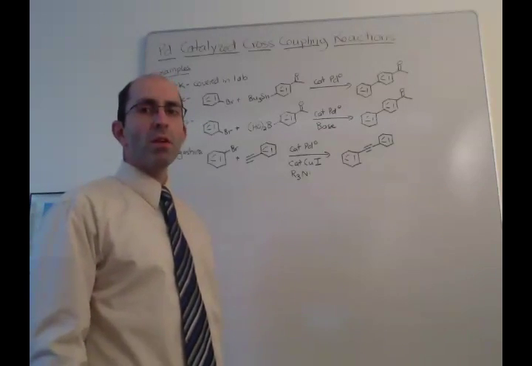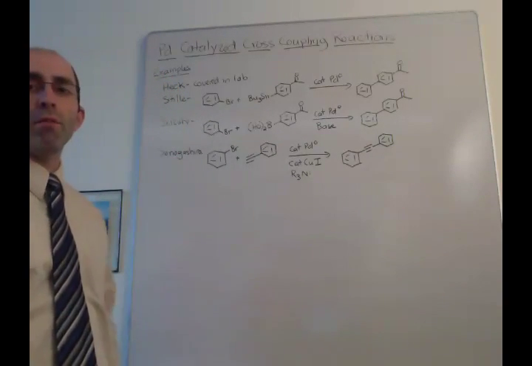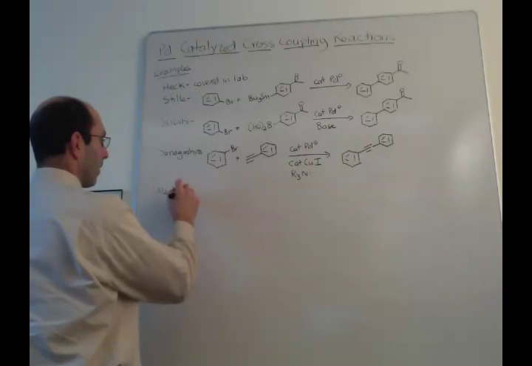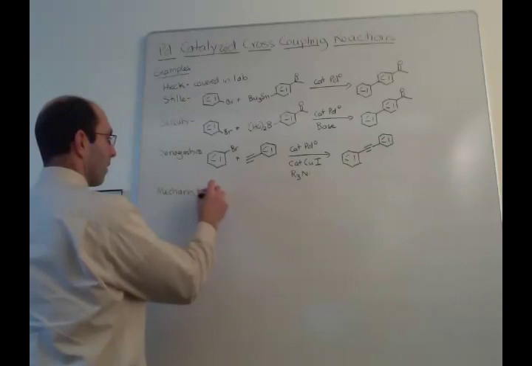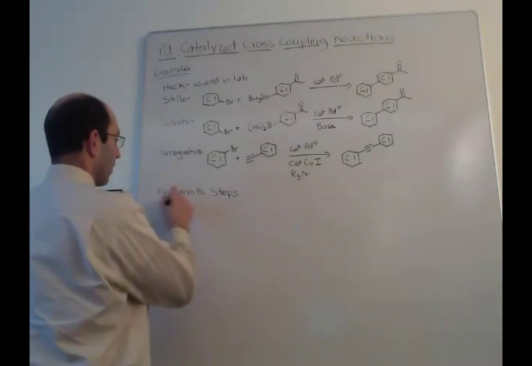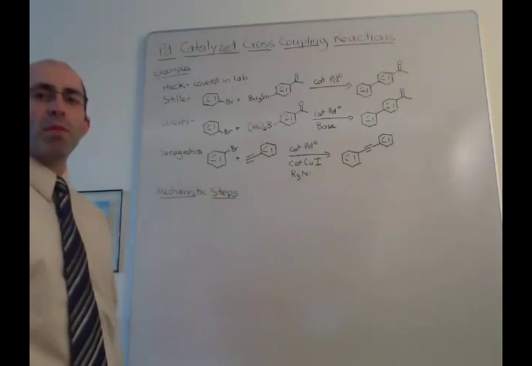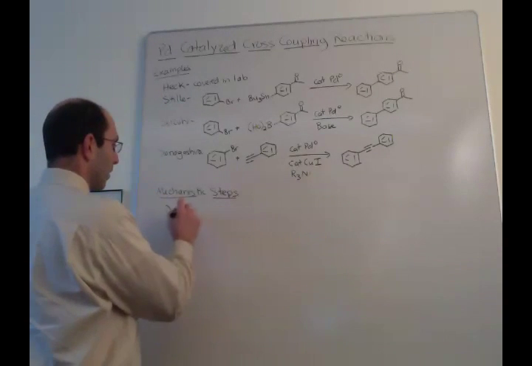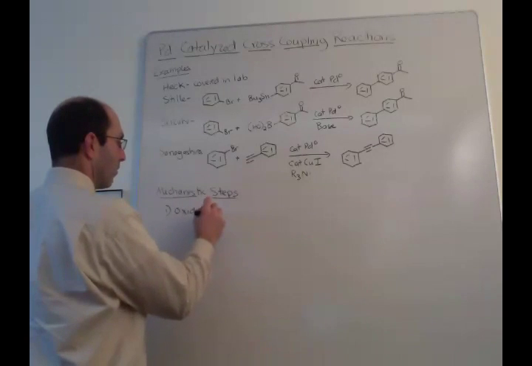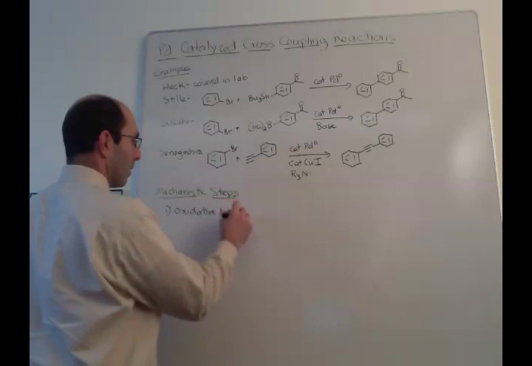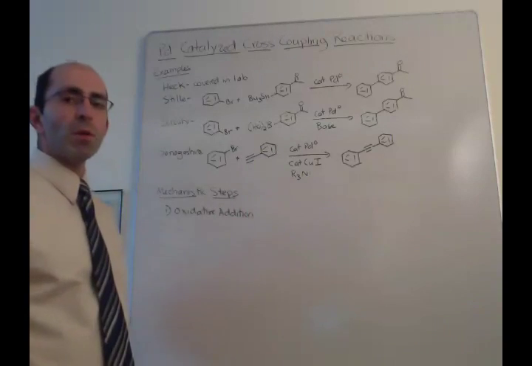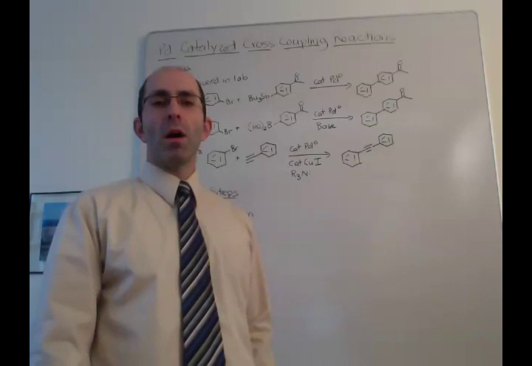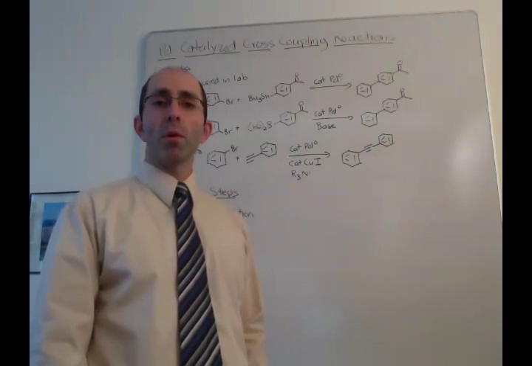And the key thing here is that for these reactions, they all have the exact same mechanistic steps. So when we think about the mechanism for these reactions, they all start with first an oxidative addition. All right, we talked about that today, and the oxidative addition is just like what happens when you add magnesium to an alkyl halide and you form a Grignard reagent.